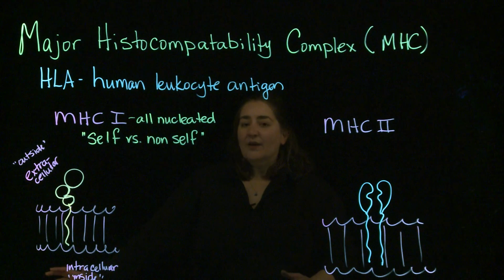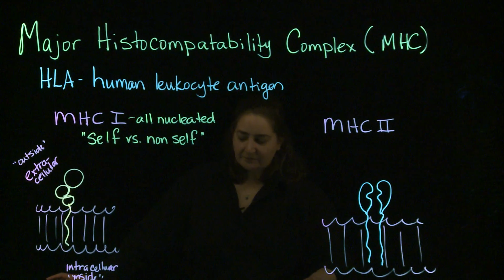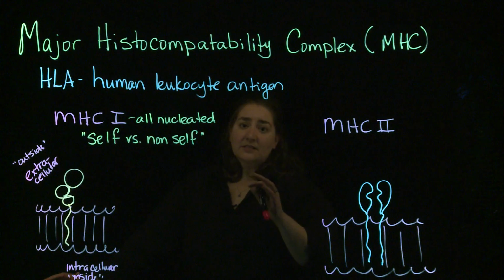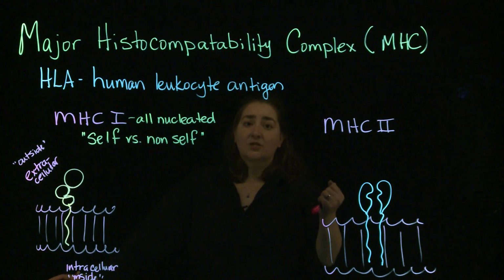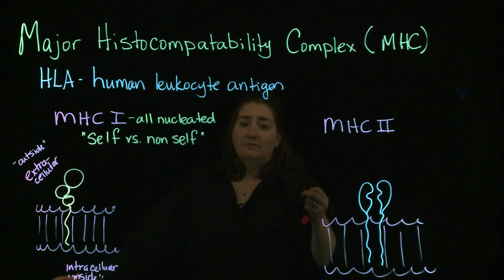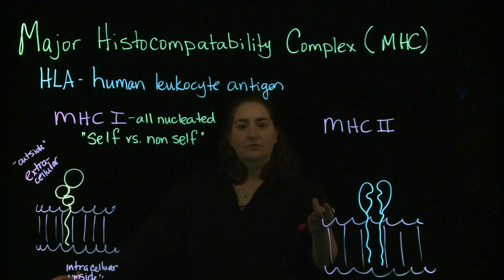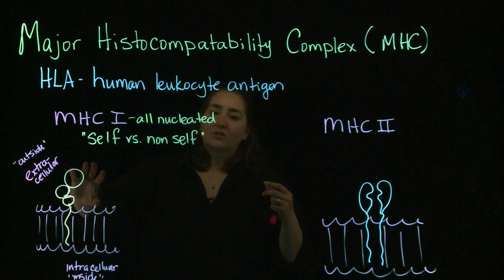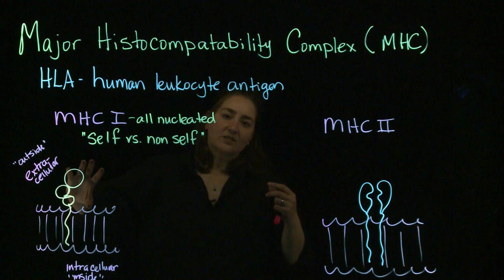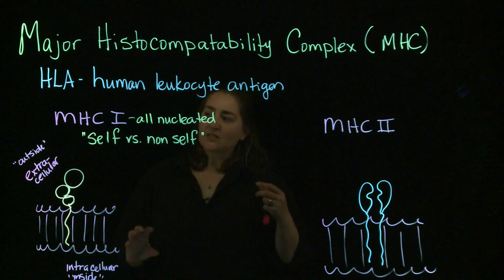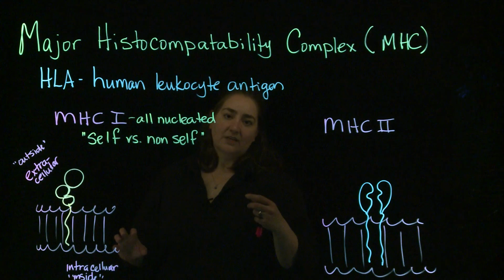The way I kind of think about it is you end up having the phagocytic cells like the macrophages, dendritic cells, neutrophils that come along. What they're doing, they kind of crawl along, they touch the outside of the cell. And the way I think about it is that MHC1 is kind of like the secret handshake.